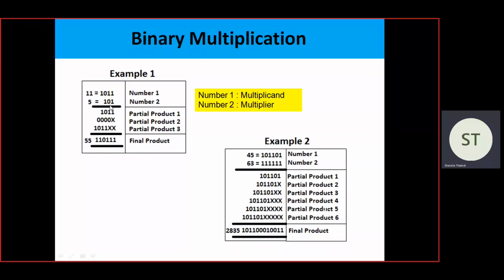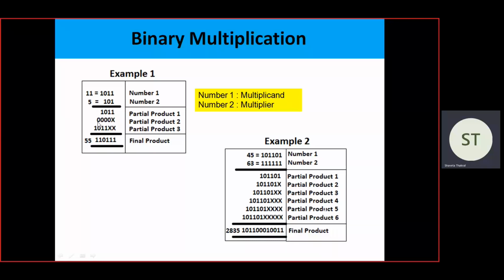Initially we take the least significant bit, that is 1. So this 1 is multiplied to the multiplicand. When the multiplicand is multiplied by 1, we have the same multiplicand 1011. So this is considered as partial product 1. Then we multiply 0 with this multiplicand, so that gives 0. This partial product is shifted left one position by putting one cross mark at the least significant bit position.